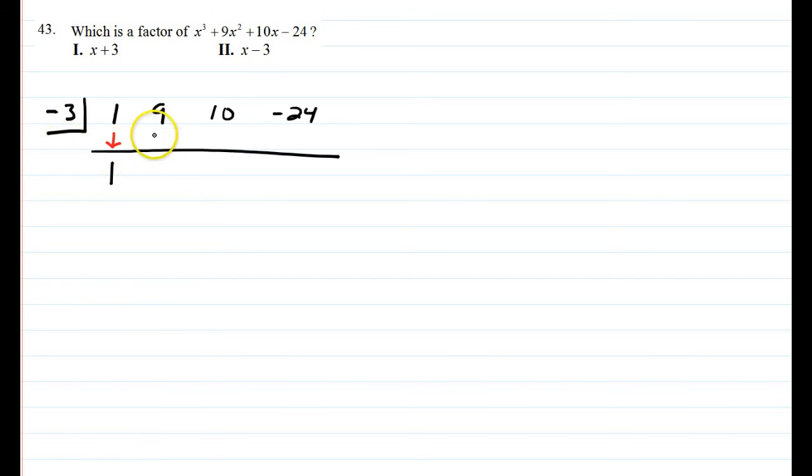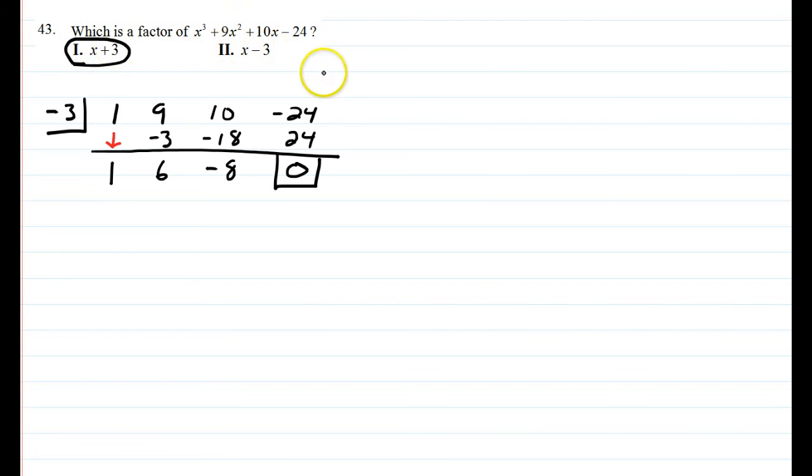And so 1 times negative 3 is negative 3. 9 plus negative 3 is 6. 6 times negative 3 is negative 18. 10 plus negative 18 is negative 8. And negative 8 times negative 3 is 24. And so negative 24 plus 24 is 0. So since we have a 0 here, that means that x plus 3 is a factor. So I know the answer is x plus 3.